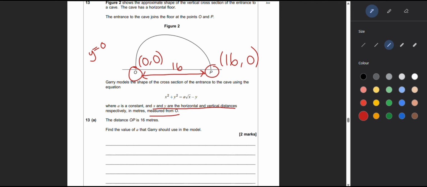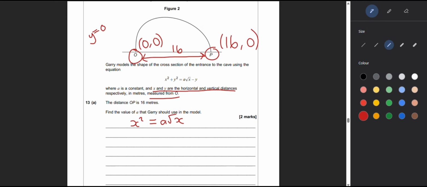So let's do that. We end up with x squared, and then I'll just do the plus 0 there. So it's just x squared equal to A root x minus y, which is also just going to be 0. Then let's get all of our x's onto one side.